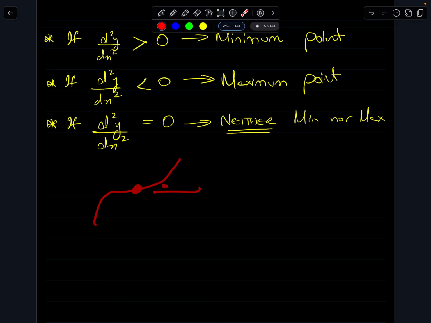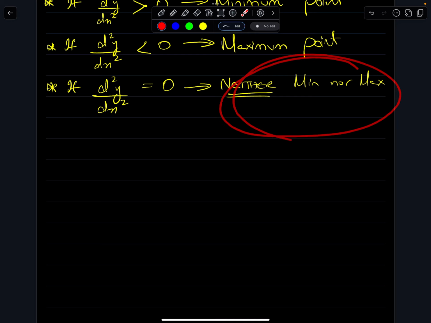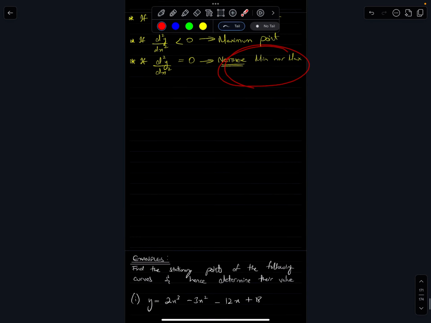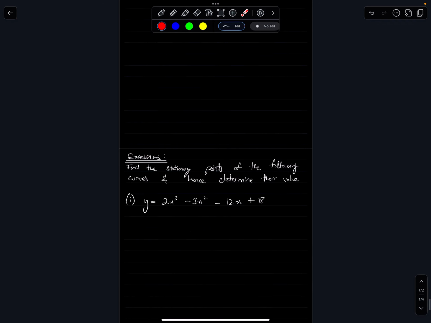We call this a point of inflection, but you need not go into detail until and unless you are studying advanced mathematics such as A-level mathematics. Just remember that it's neither a minimum nor a maximum point. And we'll cover the point of inflection in more detail if you are in A-levels in coming lectures.